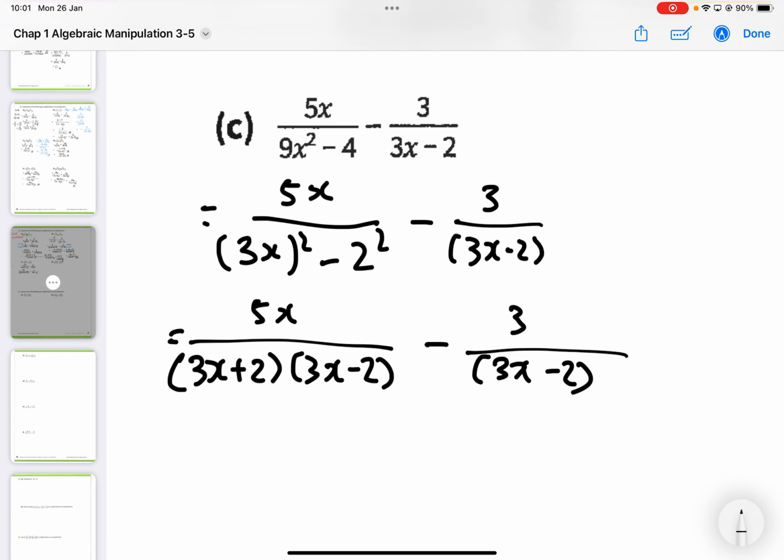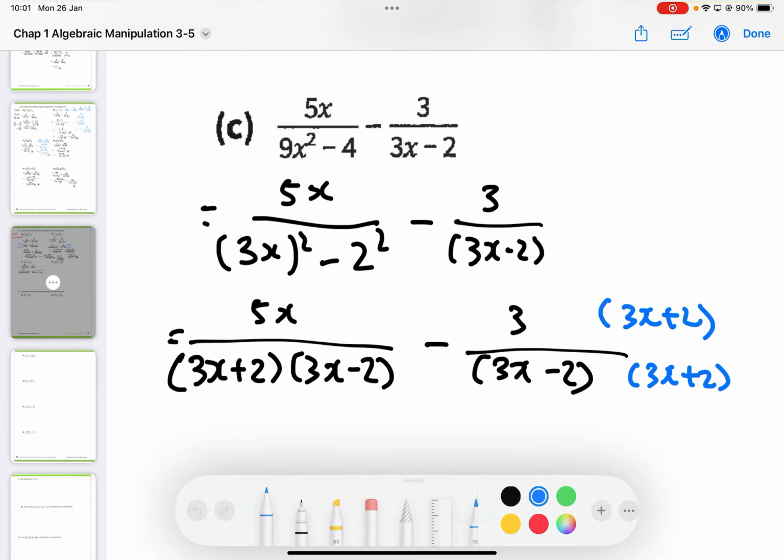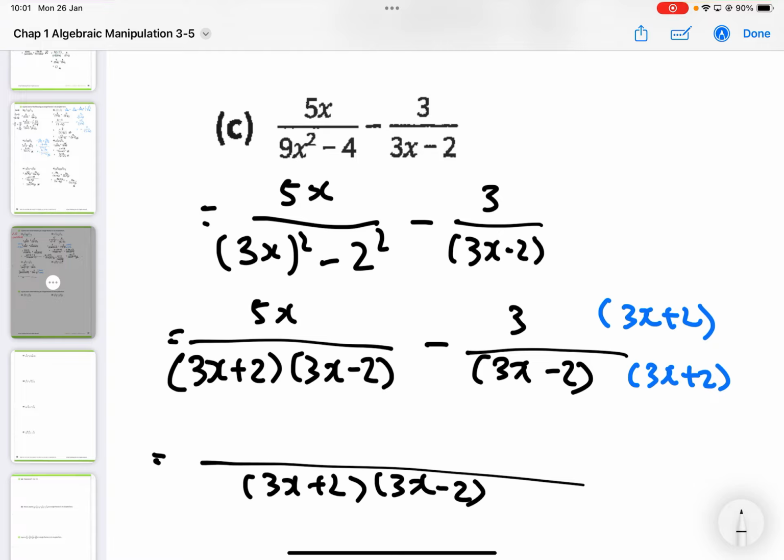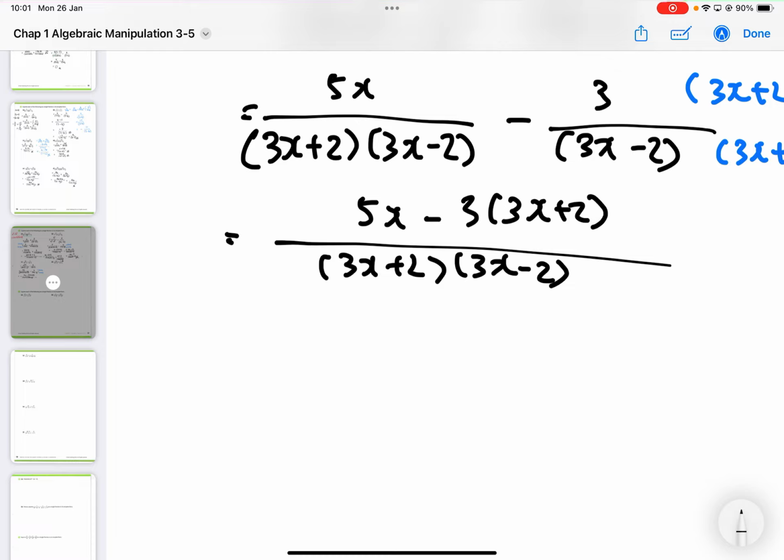What is missing? What is missing? Then I put them together: 5x minus 3 multiplied by the bracket that was missing. Okay? Then again, don't expand.